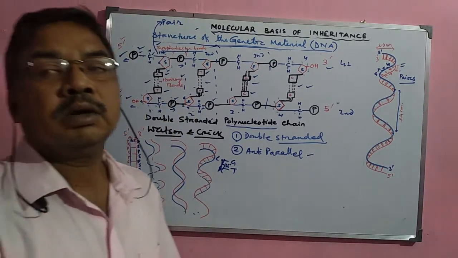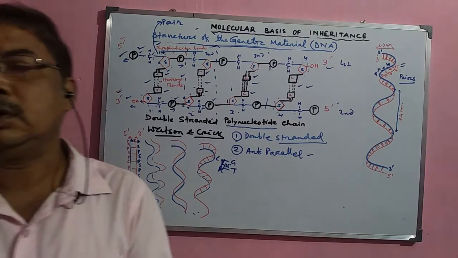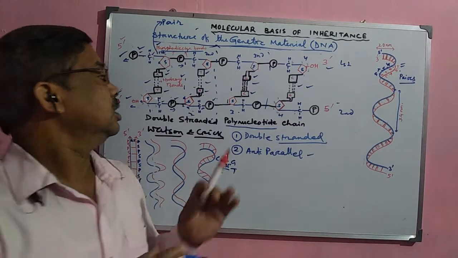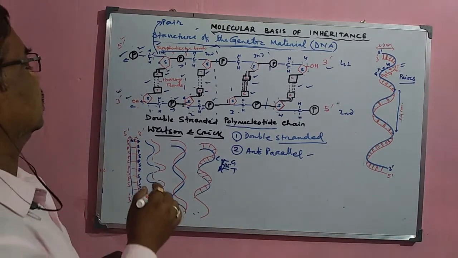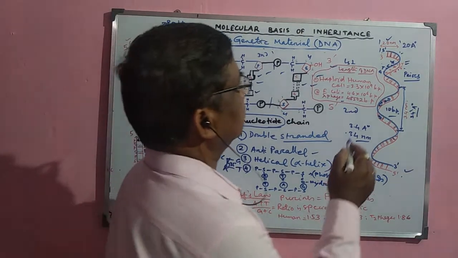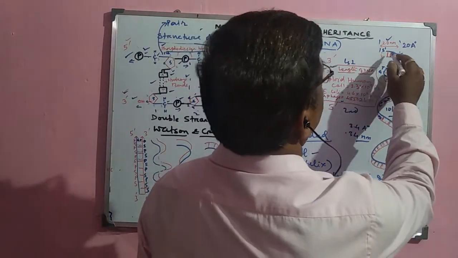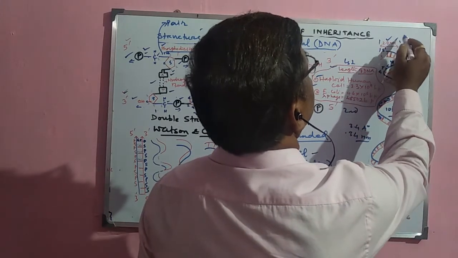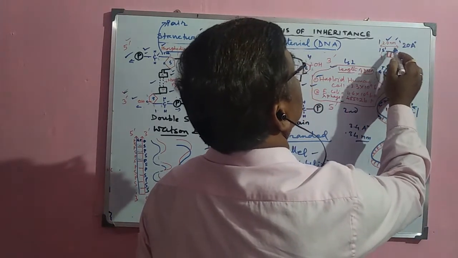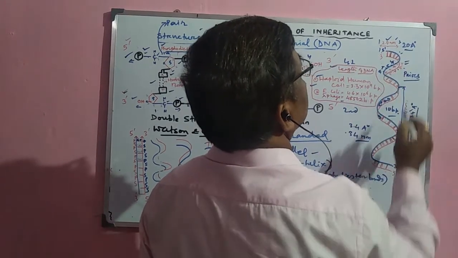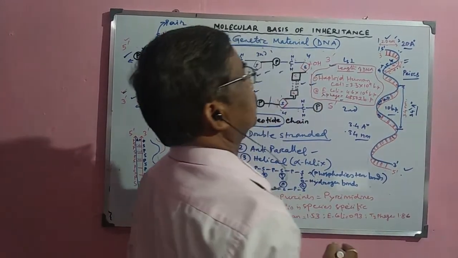Okay. Now the next one is how these base pairs are arranged with one another. The helical structure of the DNA molecule is just like this, and the diameter of this helical structure is around 2.0 nanometer, or you can say it is 20 angstrom.